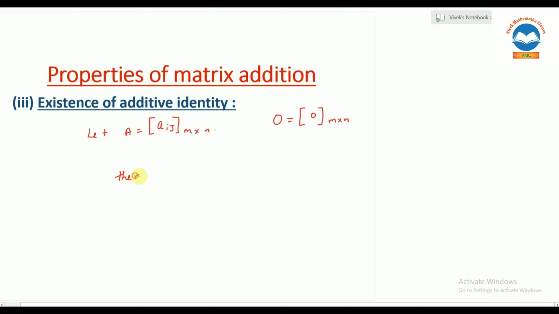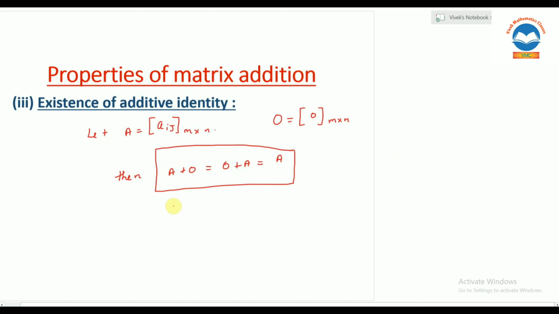We can write then A plus O will be equal to O plus A, and this will be equal to A. It means if you add 0 in each and every element of this matrix A, you will get same thing. It means it follows additive identity. In this A, if you add this second matrix 0, then you will get same matrix A. It means that O is an additive identity of matrix addition.